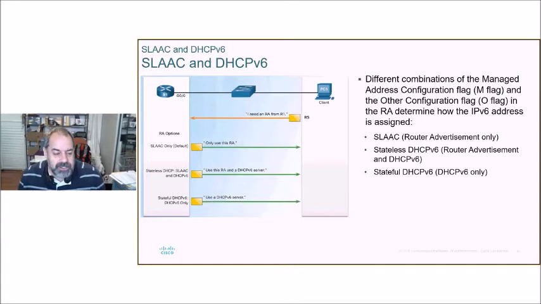So that's a hybrid setup where it figures out its own IP address, but it gets extra information from DHCP. Or you can run it in the same mode as IPv4 uses, where it's fully stateful and the server just gives it an IP address. In this mode, the router advertisement message actually says, I'm not going to tell you anything, send out a DHCP request, and that's where you'll get your information.